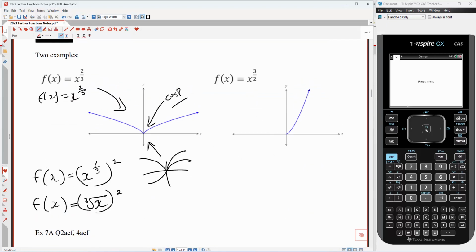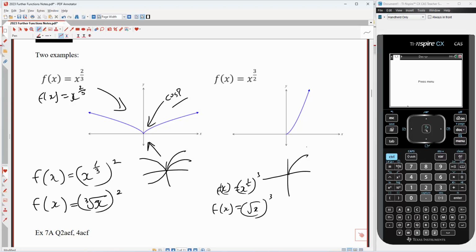All right, what about this one here? So how does this graph work? Well, let's consider f of x equals x to the 1/2 to the 3. f of x equals root x to the 3. So we've got the root x function here, and what we're going to do is then just cube all of these values.